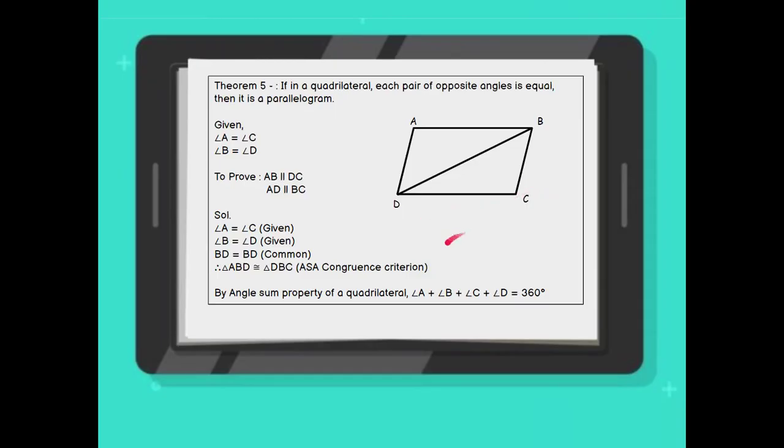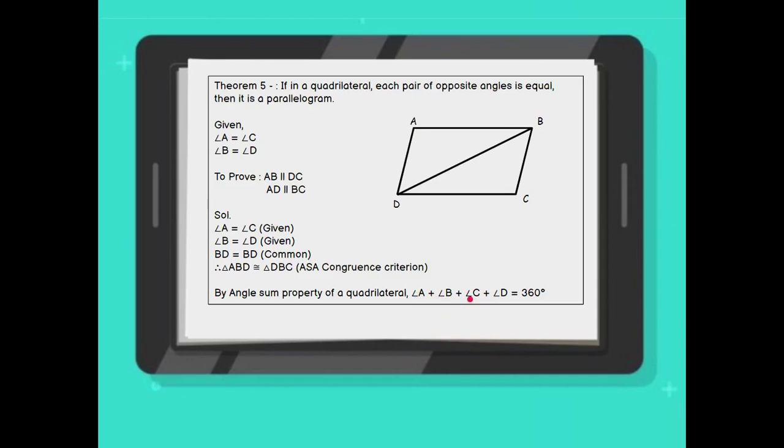And by angle sum property of a quadrilateral, I can say that angle A plus B plus C plus D is equal to 360 degrees. And it is given that angle A is equal to angle C, and angle B is equal to angle D. So in this equation, I say that angle A plus angle B plus angle A plus angle B, replacing angle C plus angle D by angle A plus angle B, because they both are equal.